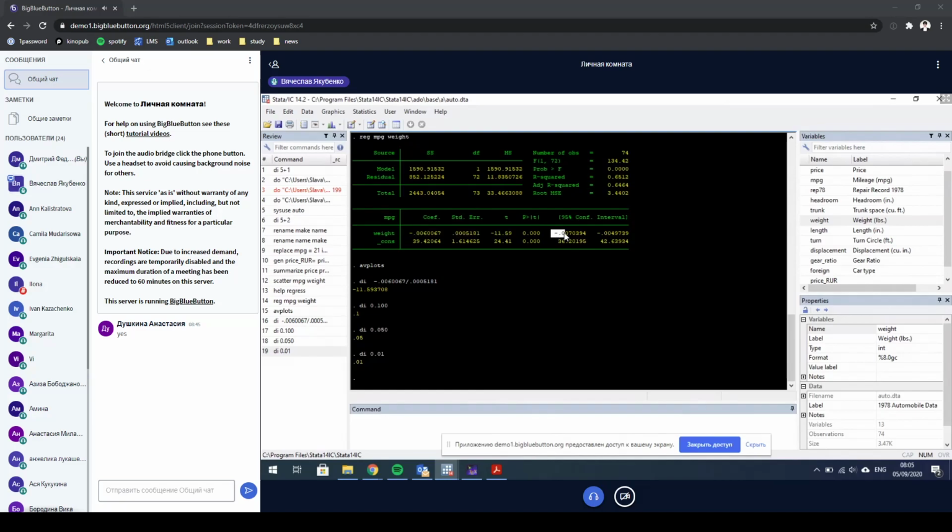With 95% confidence, we are evaluating how precise we are about the size of the coefficient. We can say that we are 95% confident that the true beta lies within this interval. So we are 95% confident that the true beta lies between these two numbers.